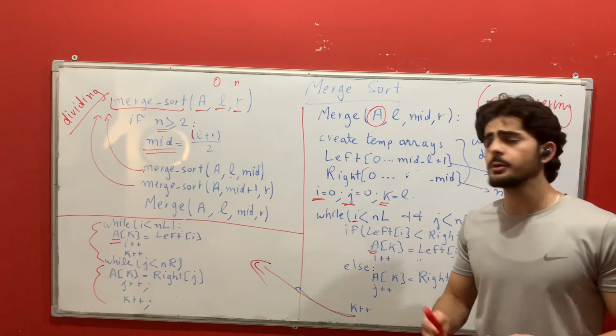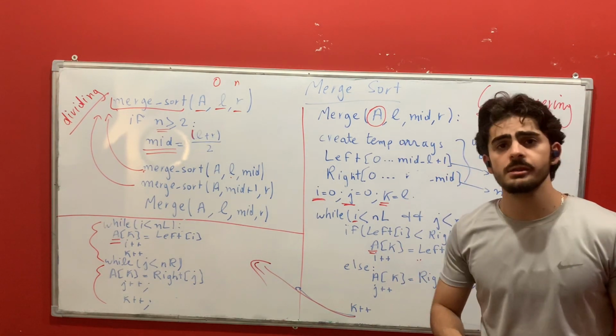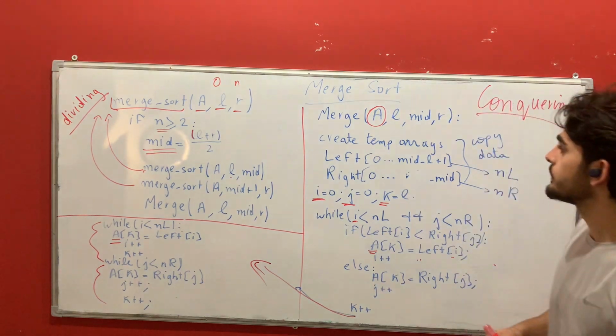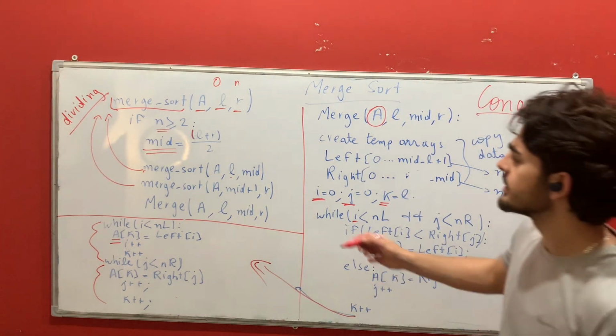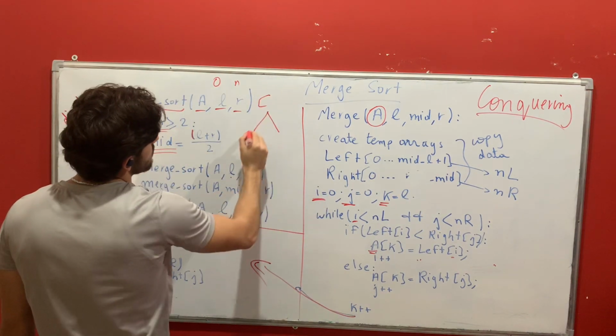Now what about the time complexity of merge sort? Is it better than the previous sorting algorithms or not? So how would you analyze that? First, we will analyze the dividing, which divides the array into smaller arrays.